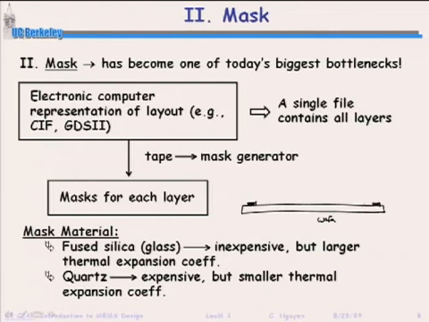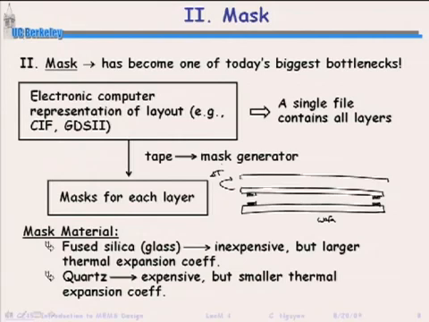So this is at the right temperature. But what happens if you get a change in temperature, just a 1 degree change or something like that? Well, this mask maybe expands a little bit. That's expansion due to that delta temperature.